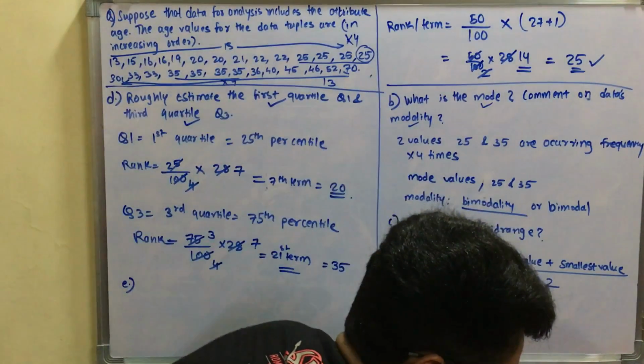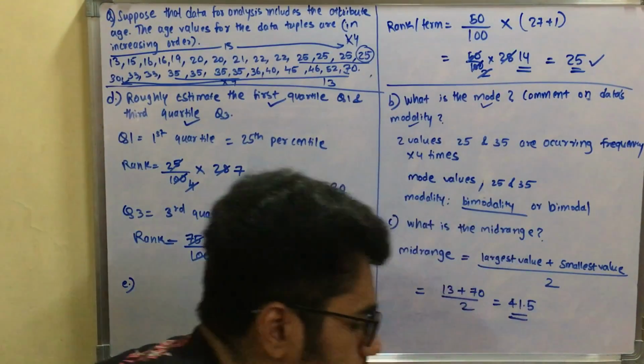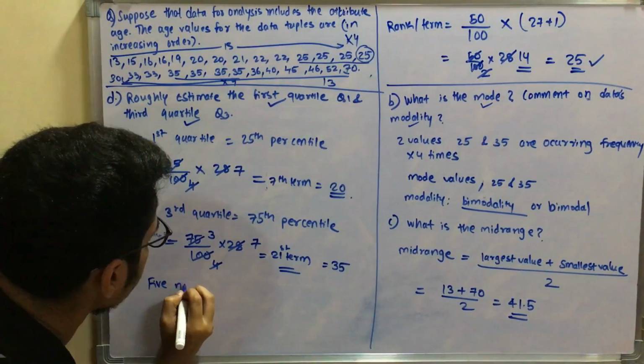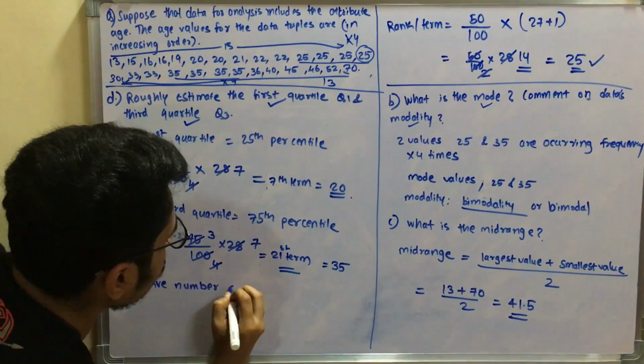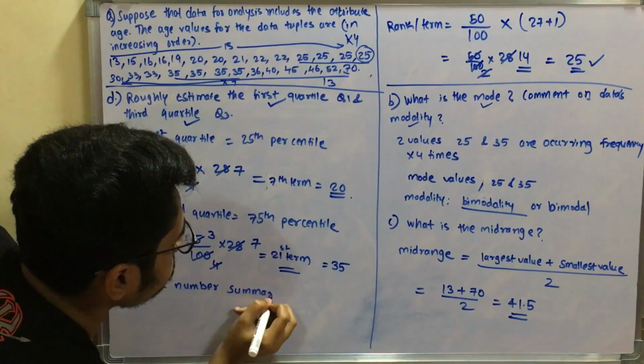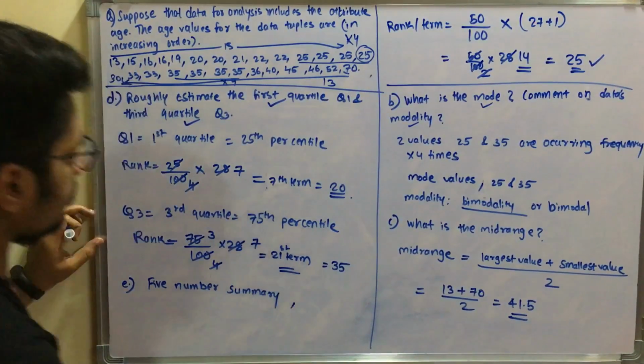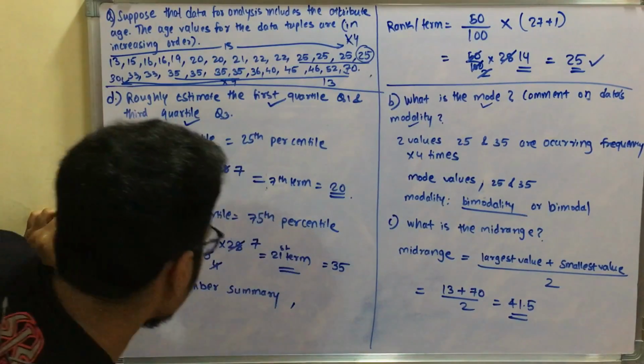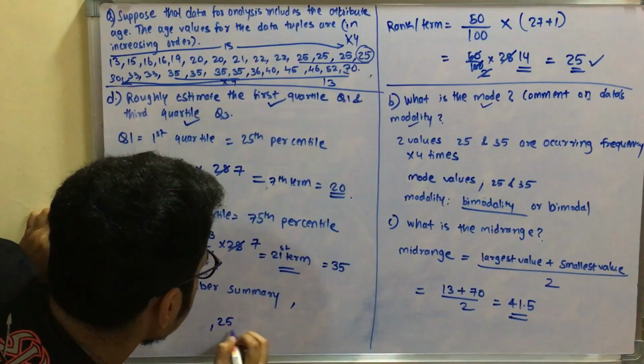Next we have the question as you have to provide the 5 number summary for this. So the 5 number summary is very easy. We have a median value as 25 for this.